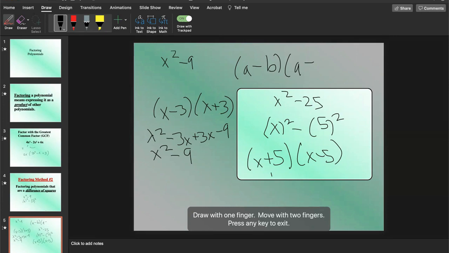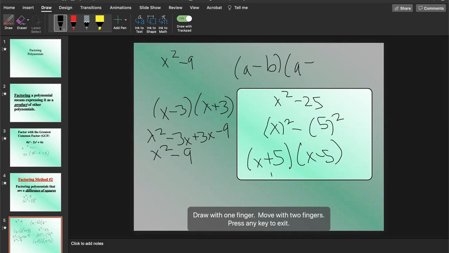So this method of solving shows you a pattern, which simplifies things and can make your factoring a lot faster, especially if you see this pattern in a problem. In this case, x squared minus 25 is a difference of squares, where it looks like x squared minus 5 squared. Keep in mind, it must be a difference, and it must be a difference of squares.